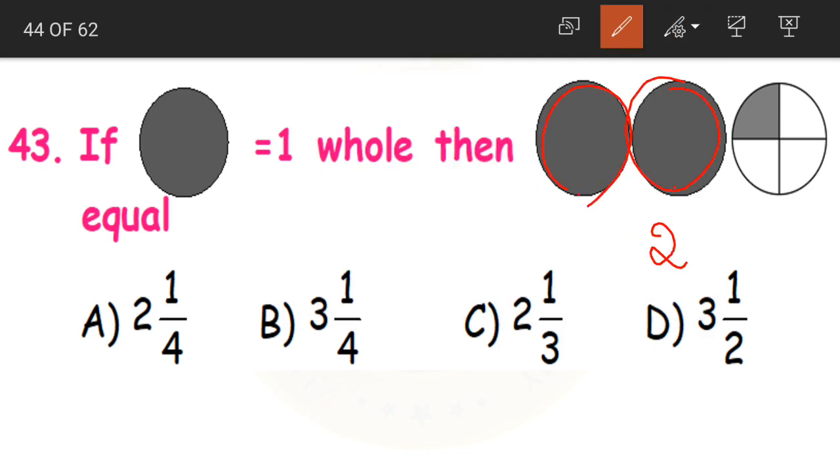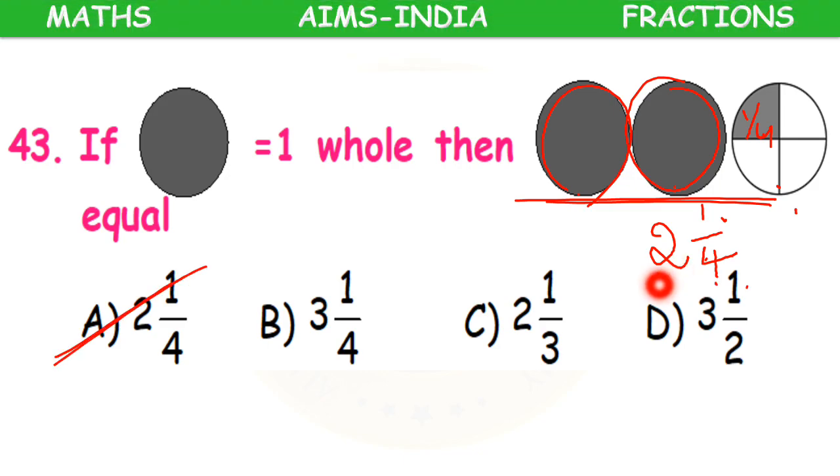So we are having 2 circles, and after 2 circles what do we have? We have only 1 by 4th of a circle. Yes, children, only 1 by 4th is shaded. So 2 1 by 4. This diagram is nothing but our 2 1 by 4, and it is our mixed fraction. Yes, 2 1 by 4 is a mixed number.